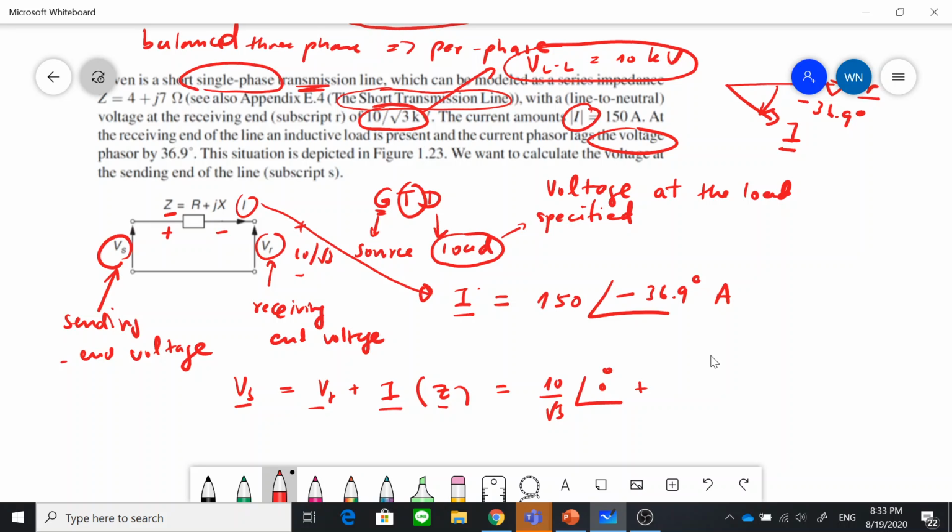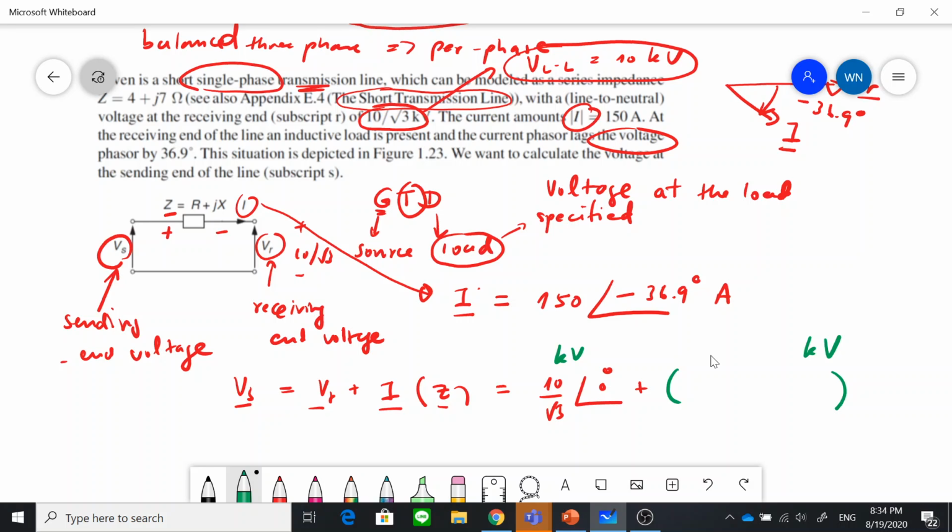Now you have to take care of the unit a little bit because this is in kV. So when you add the voltage drop, it must be in kV as well. So you have to make sure that you get kilovolts, or 1000 times the basic unit.